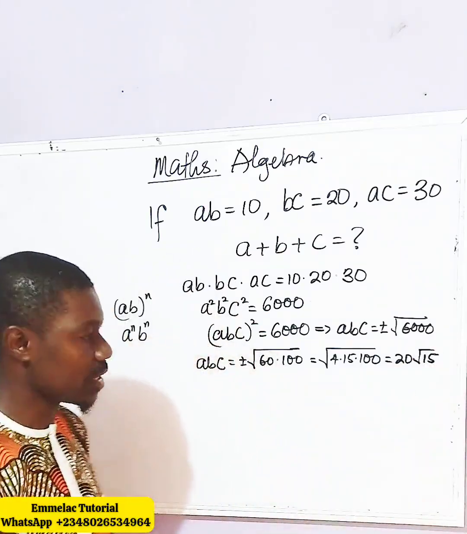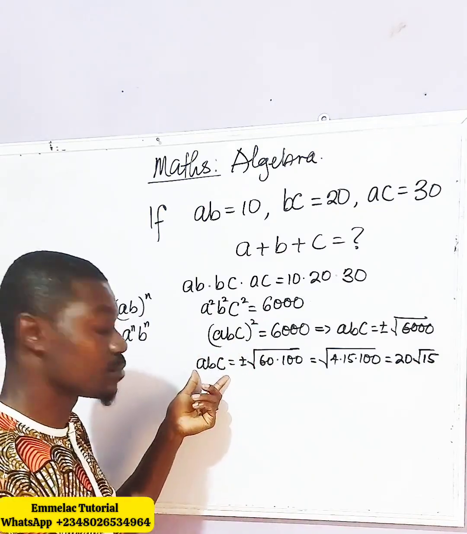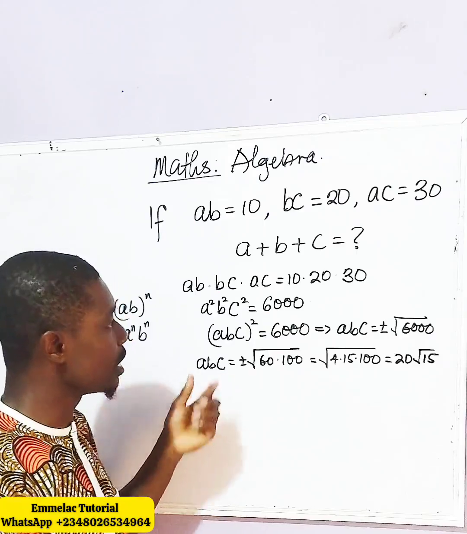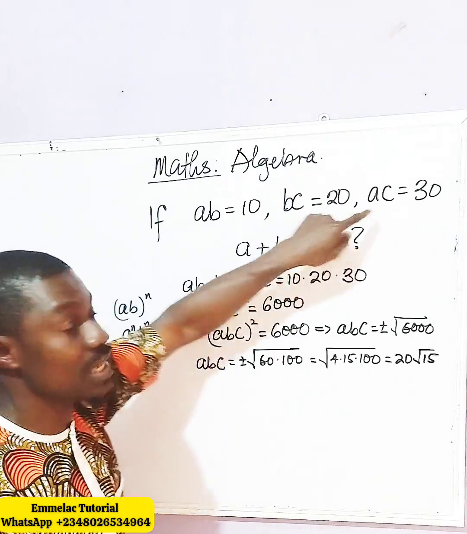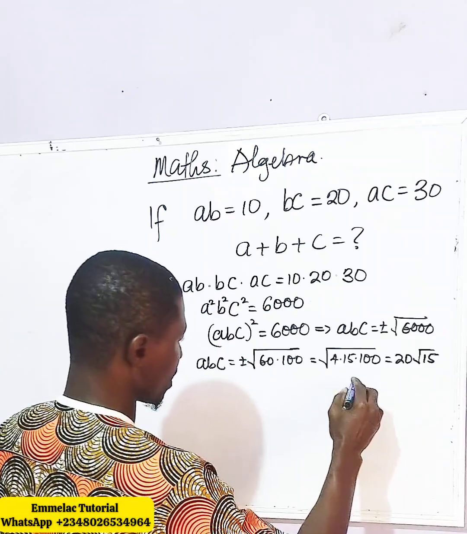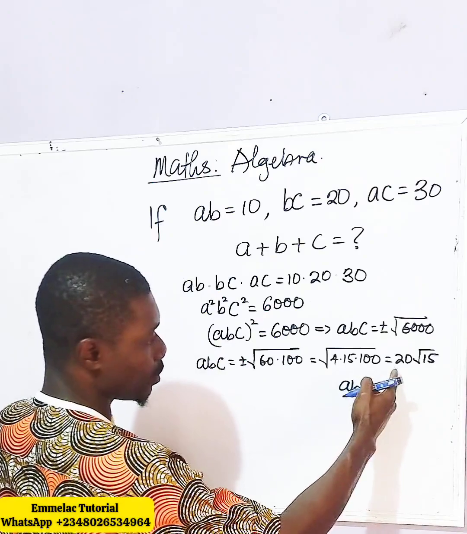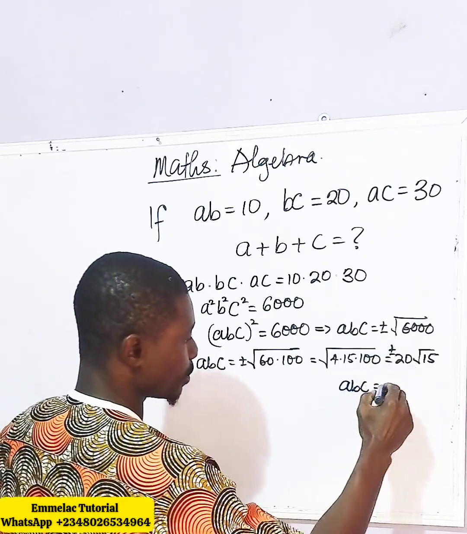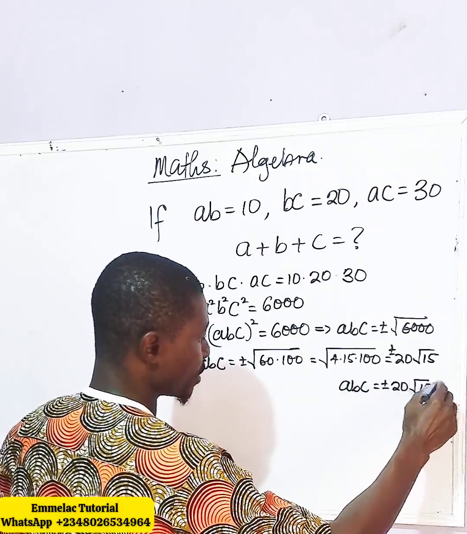You have 20 root 15. Okay, so now since we have gotten the product of the three terms, let me start dividing it by each of these terms. So the first one, ABC equals plus or minus 20 root 15.